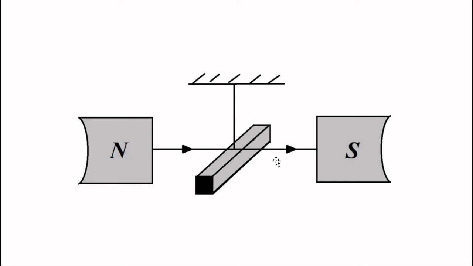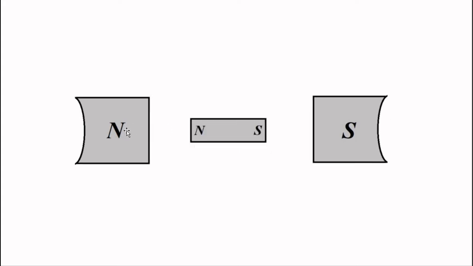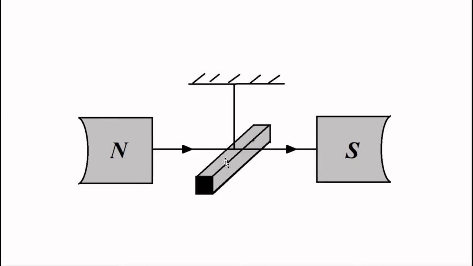Again, the reason is repulsion by the external magnetic field, because the north pole faces the north pole, the south pole faces the south pole, so it always gets repelled. This gets repelled and moves in that direction. This south pole it repels and it moves in this direction, and it acquires this final position with its longest axis at right angles to the magnetic field lines.